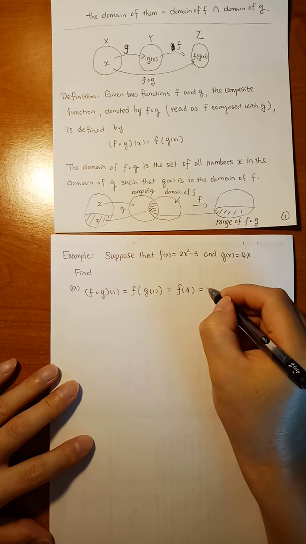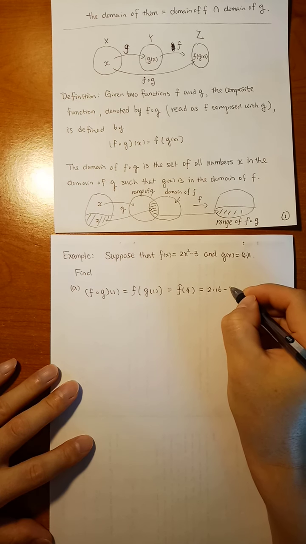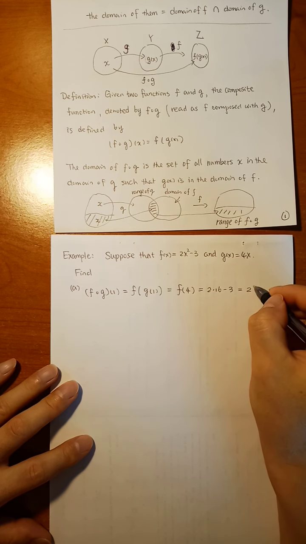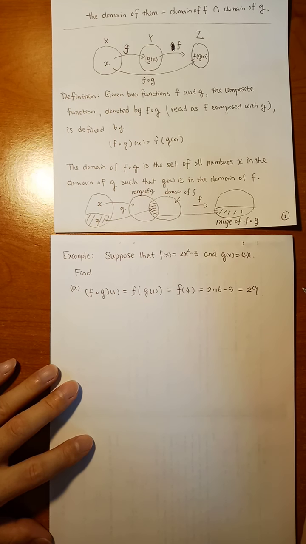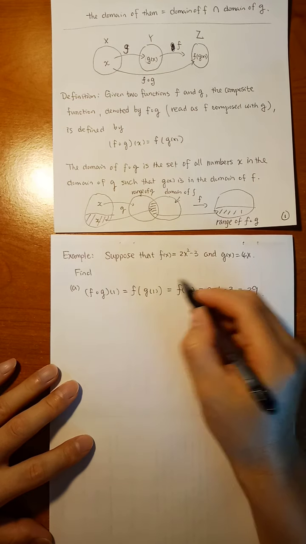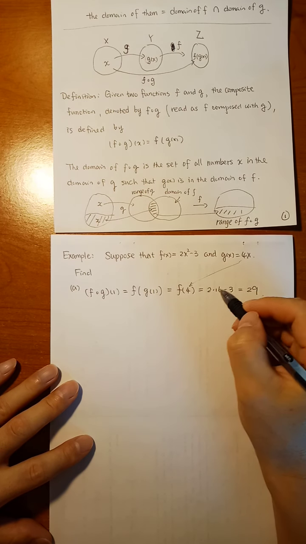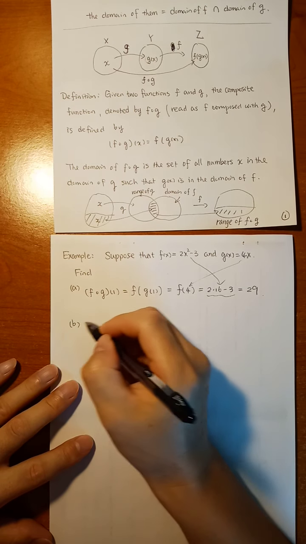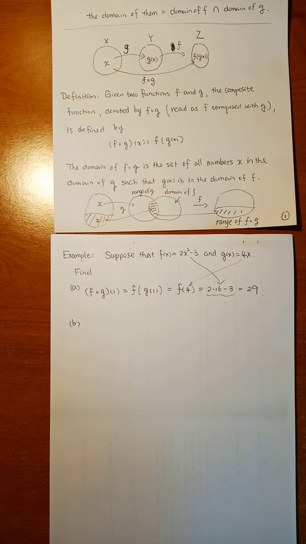F of 4 is 2 times 4 squared minus 3. 2 times 16 is 32, and 32 minus 3 is 29. So this value comes from here, and this expression comes from here. In different steps, you follow different definitions.